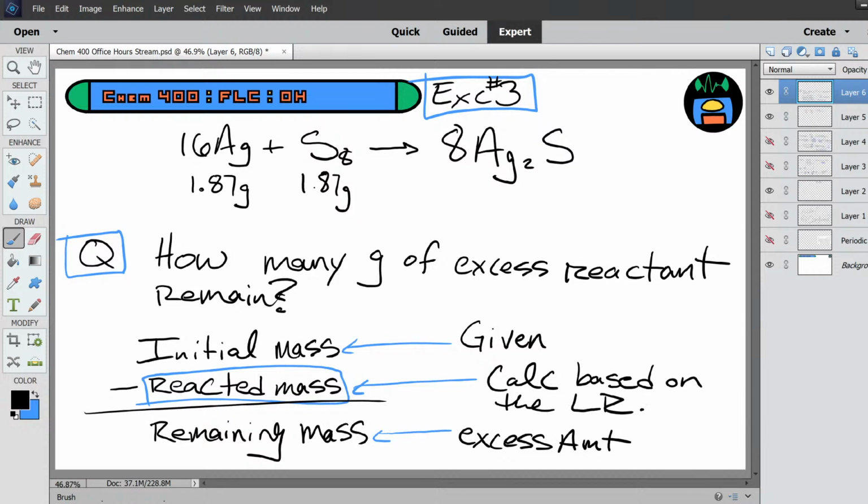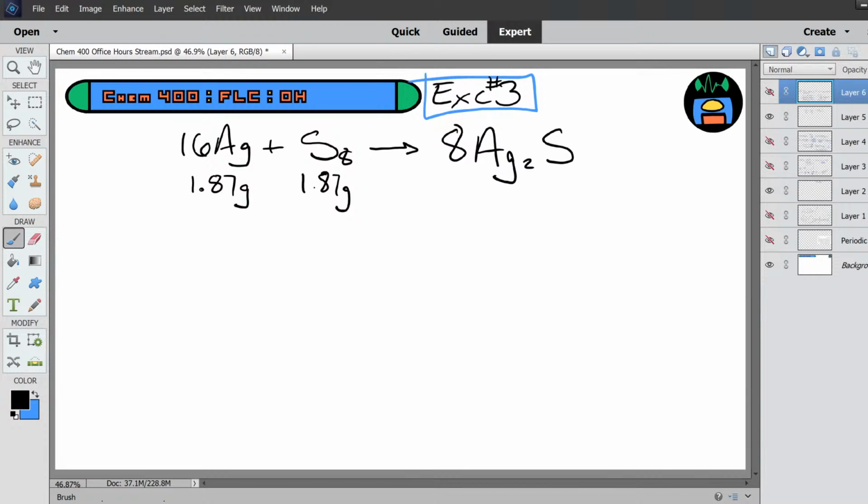So we've got to determine the limiting reactant and use that mass of limiting reactant to calculate how much will be consumed. Once we know that, we subtract it from our initial mass. That is the plan, that's the strategy. First, we've got to find what our limiting reactant is, so we've got to do a limiting reactant calculation.